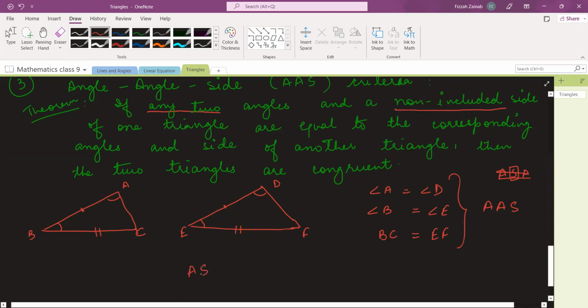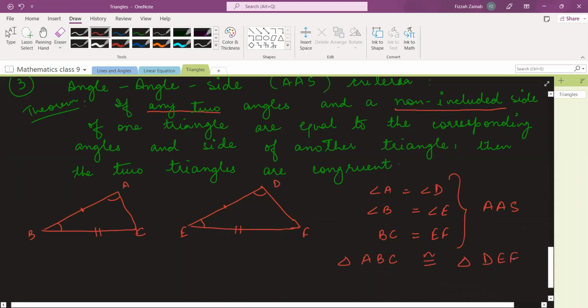If I write ASA, that means this side is the included side, and if I write AAS, that means this side is the non-included side. Is this understood? Yes, ma'am. Okay. So this is called the AAS criteria. If these three conditions are satisfied, we say that triangle ABC is congruent to triangle DEF.